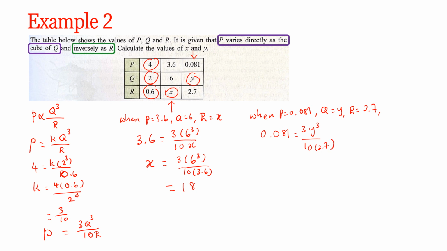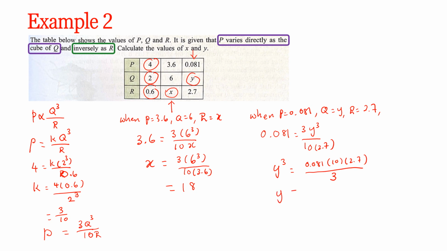So what you need to do now is rearrange it. Okay, so you got y to the power of 3 equal to 0.081 multiply 10 multiply 2.7 over 3. Since you want to find y, you need to remove the cube here.